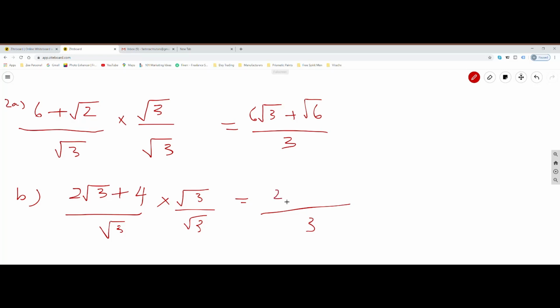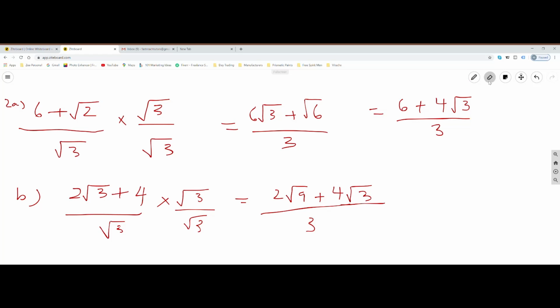You have 2 square root 9 plus 4 square root 3. Actually, the square root of 9 is 3, so 2 times 3 is 6 plus 4 square root 3 over 3.